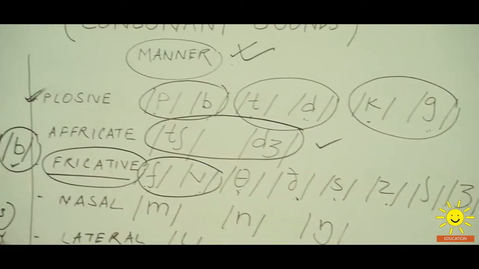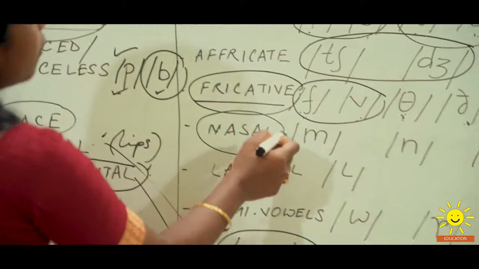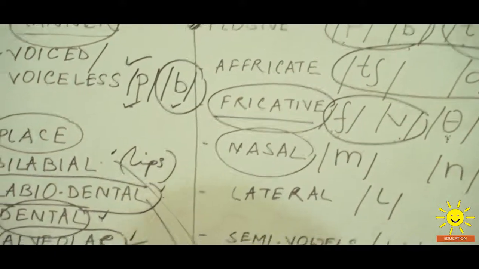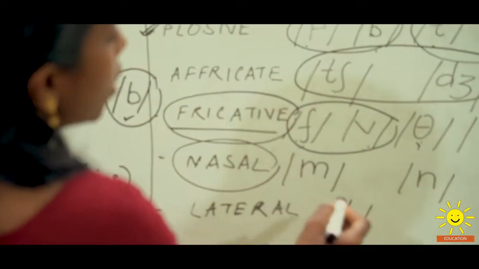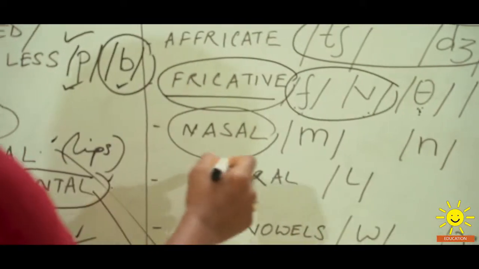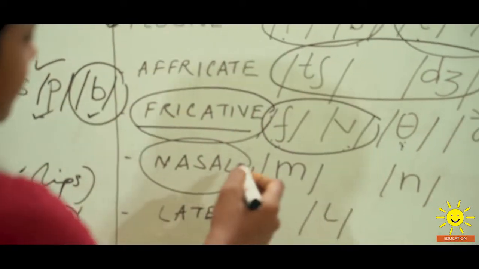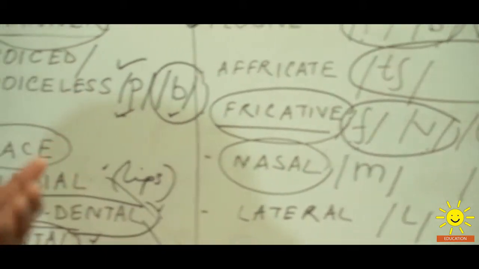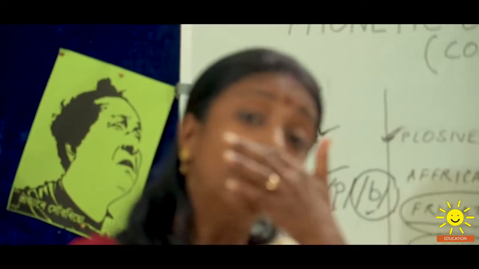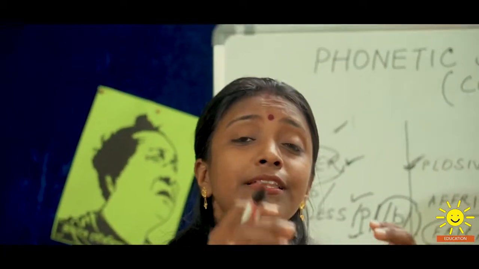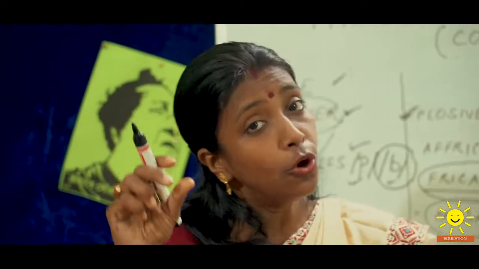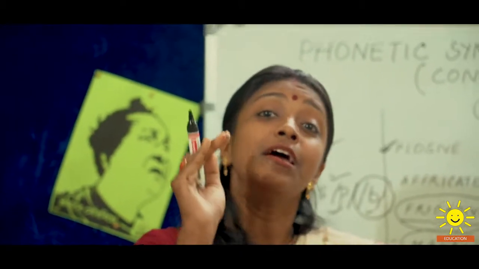Now, as far as the nasals are concerned, there are 3 nasal sounds. There are 3 consonant sounds which come under the category nasals. Now, how are nasal sounds actually produced? When the soft palate is lowered, the air that comes out from our lungs passes through our nasal cavity.